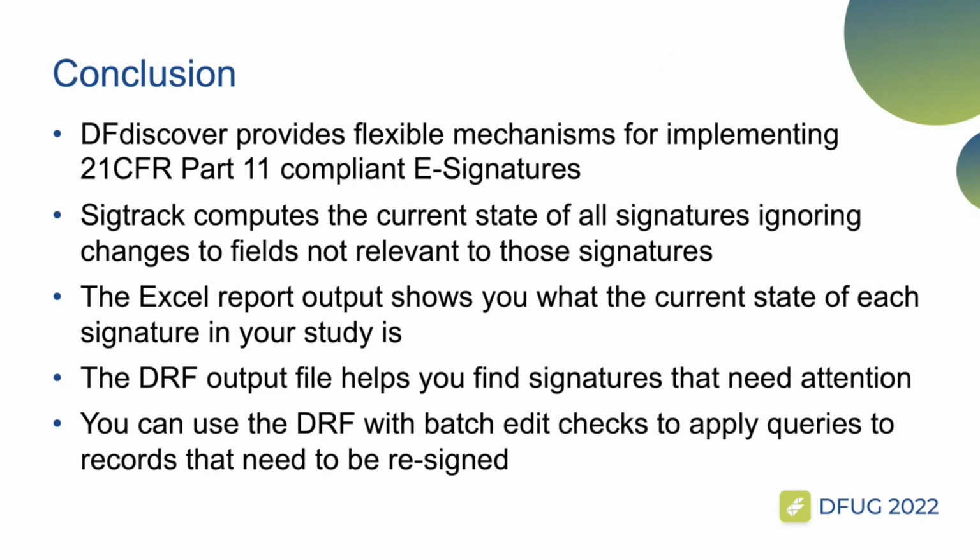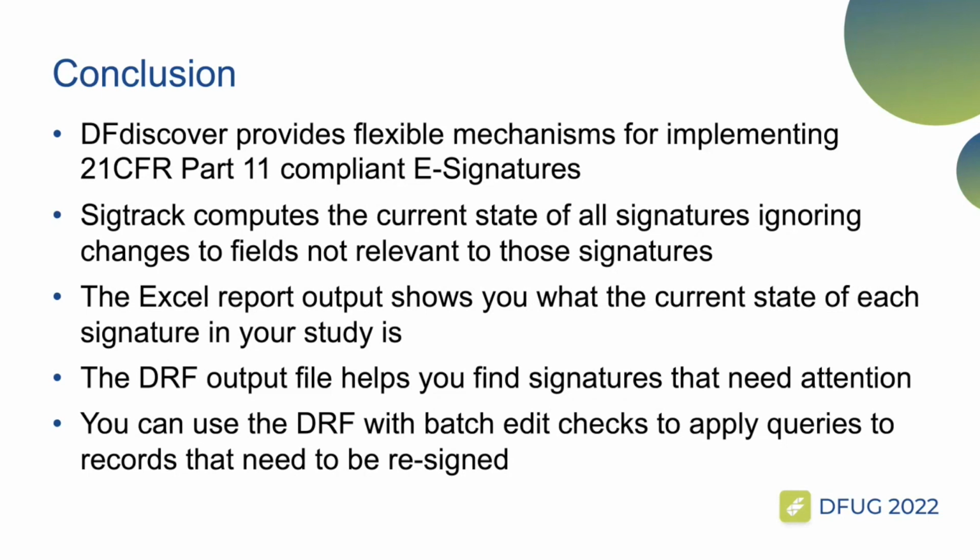Okay, so in conclusion, DFdiscover provides a couple of different mechanisms for implementing 21 CFR Part 11 compliant e-signatures. The SIGTRAC program that I've talked about today computes the current state of all the signatures and ignores changes to fields that are not relevant to those signatures.